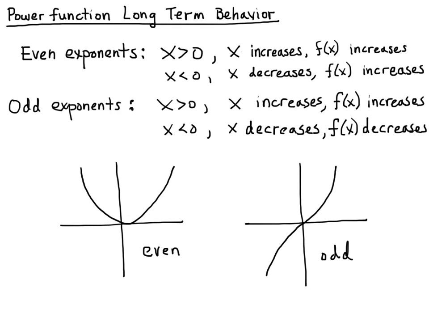Okay, so I did talk about the even and odd. This is easy to remember now because you know from the toolkits what x squared and x cubed look like. All the odd numbered power functions behave in a similar long-term fashion as x cubed. All the even ones behave in a similar fashion to x squared. It's just a question of how flat the curve is close to zero.